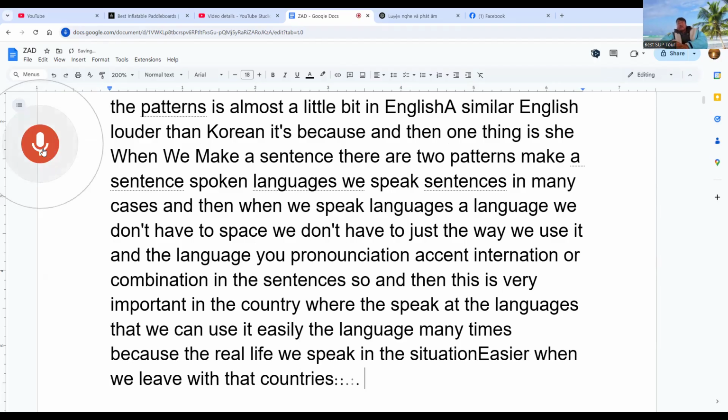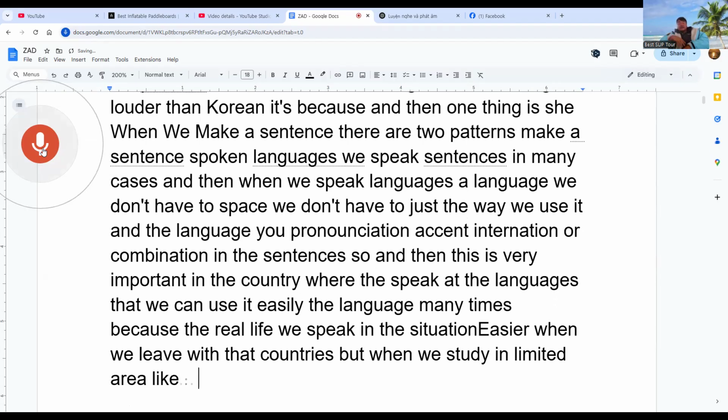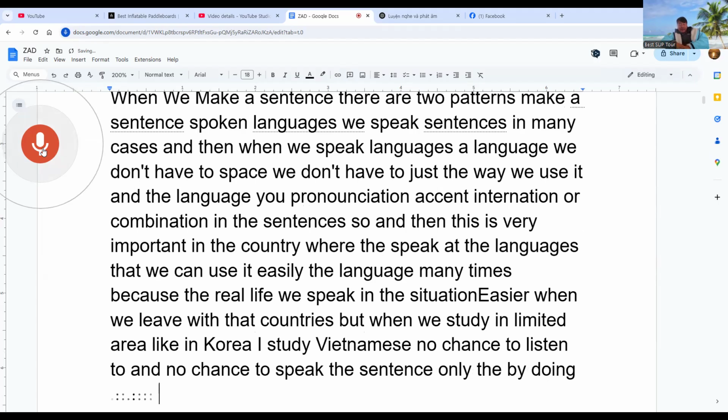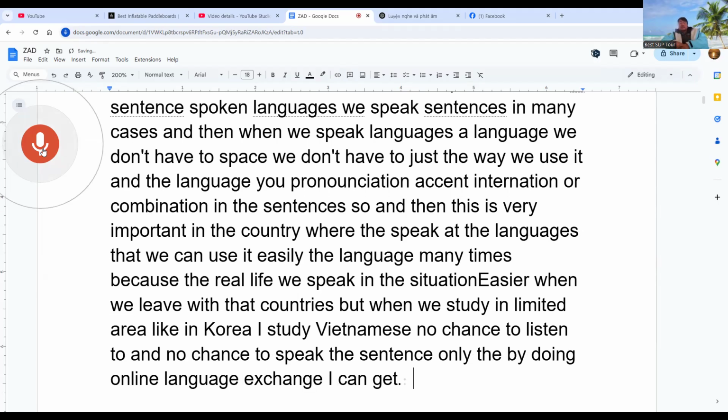But when we study in a limited area, like in Korea, where I study Vietnamese, there's no chance to listen and no chance to speak sentences. Only by doing online language exchange can I get an opportunity.